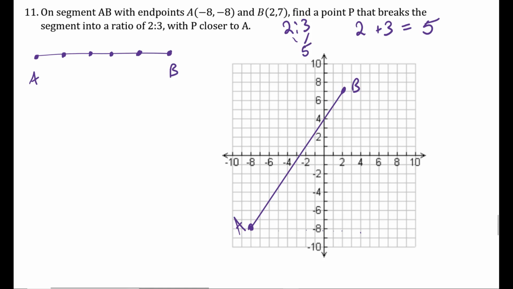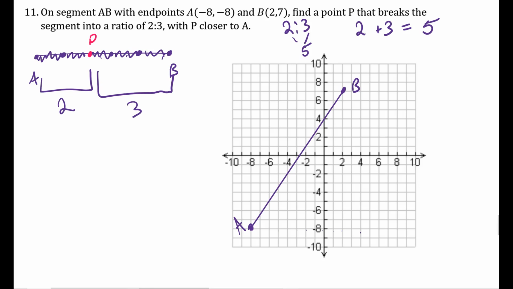So in my head, I draw this horizontal line and break it up into 5 equal parts, so that if P is closer to A, then by the time we're finished, it should look something like this, where we've got 2 parts of the 5 that are closer to A, and 3 remaining out of the 5, closer to B. So P should be somewhere in this vicinity by the time we're done.